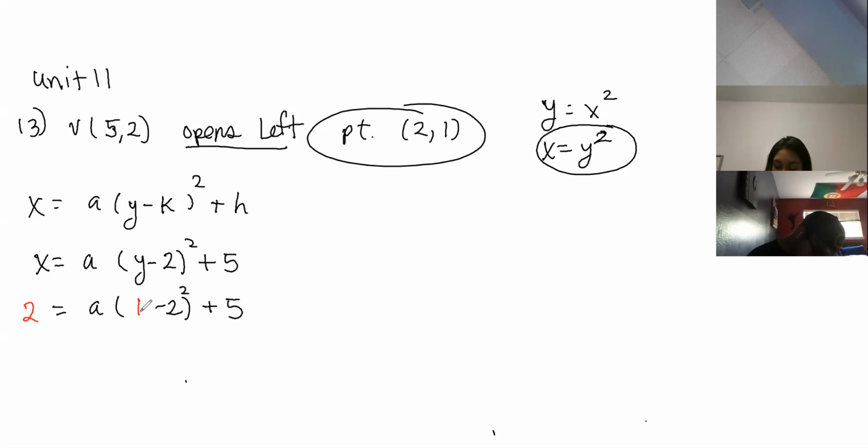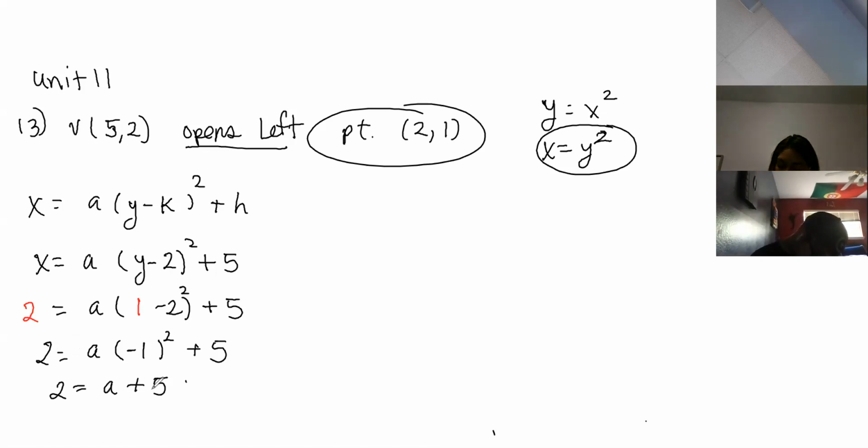All right. So 2 equals a times 1 minus 2 is what? 1 minus 2 is -1. Yes. And -1 squared is just 1. So 2 equals a plus 5. So subtract the 5, and what does a equal? -3.